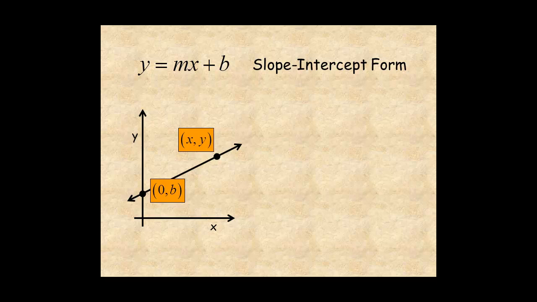Using the definition of slope, you have y2 minus y1 is y minus b, and x2 minus x1 is x minus 0. Then simplify, so x minus 0 is just x.